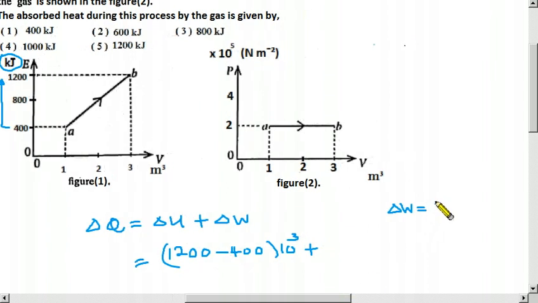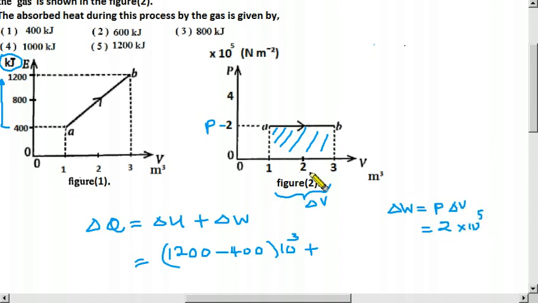So you know there is an equation, delta W equals P delta V. P delta V is the area of this second graph, because P is taken on the y-axis and V is here. So this length is the delta V, this constant value is the P. P is 2 times 10 power 5, don't forget to take that.